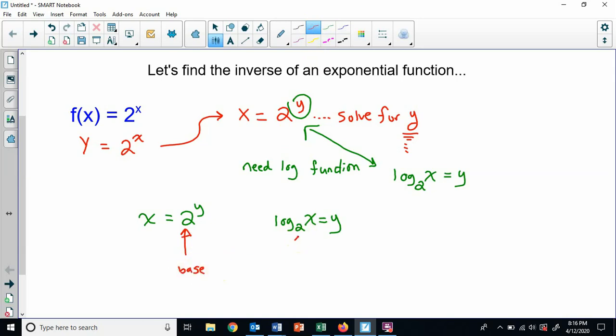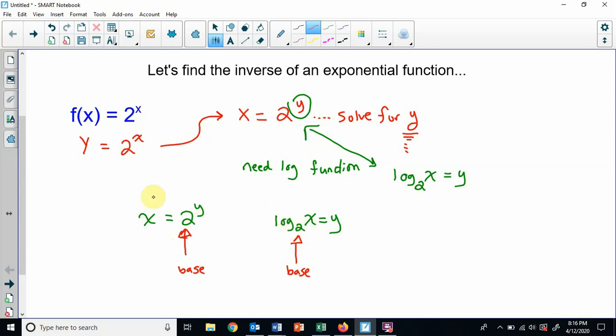Well, if you write it in logarithmic form, this piece that was the base over here stays the base. This is the base of the log. It's the thing that's written as a subscript, a little bit lower. So whatever was the base in the exponential function stays the base in the log.